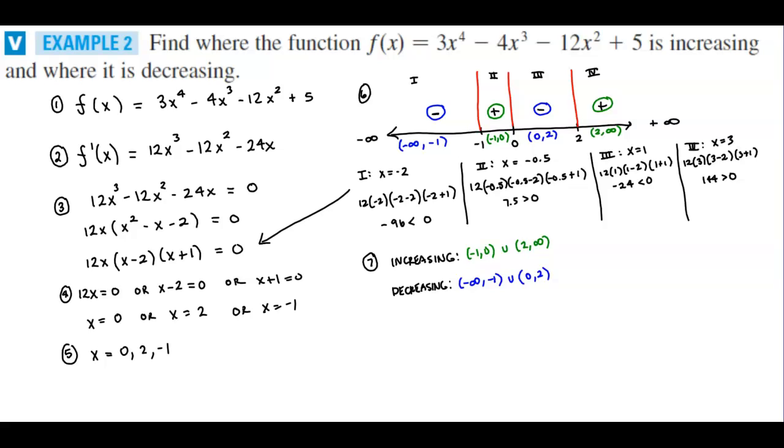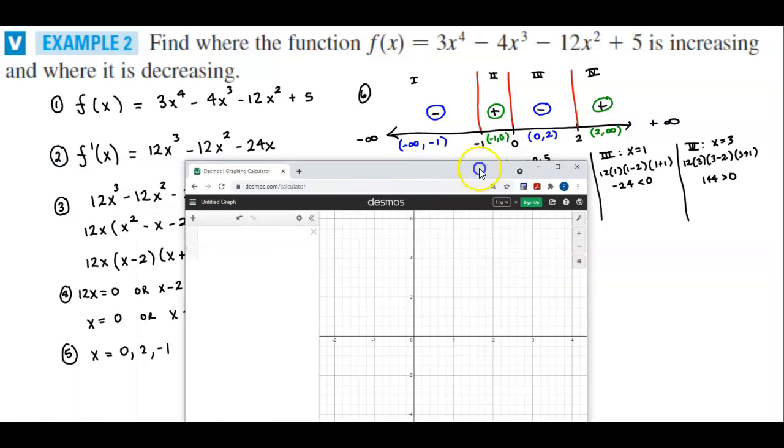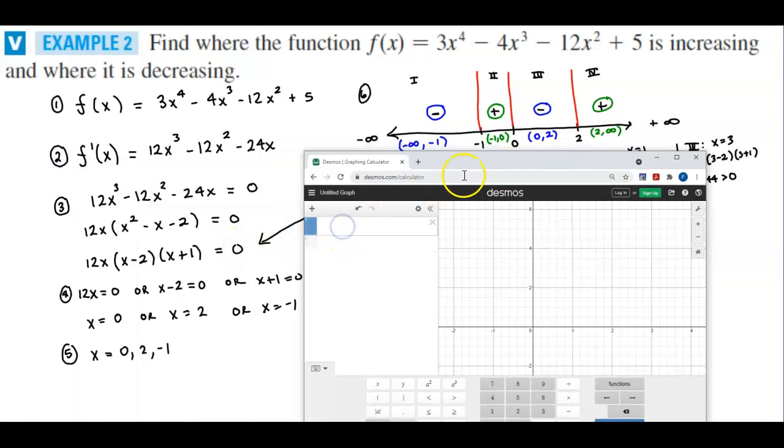Okay, now just to verify, let's graph both the function and its derivative on the same graph. So let's go ahead and do that. We have 3x to the 4th minus 4x cubed minus 12x squared, and that's plus 5.